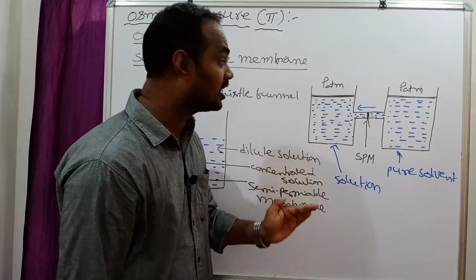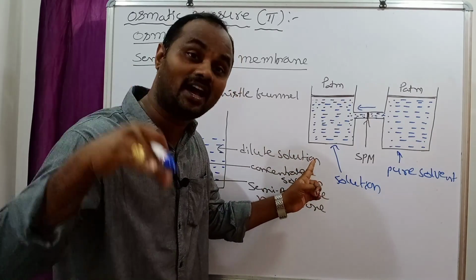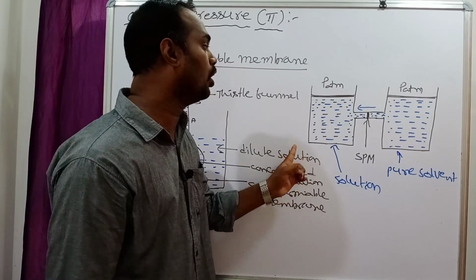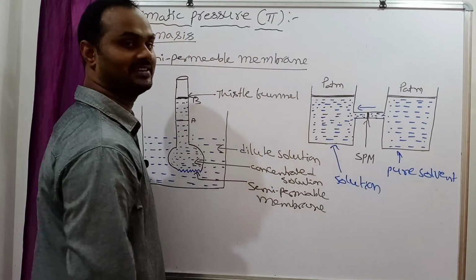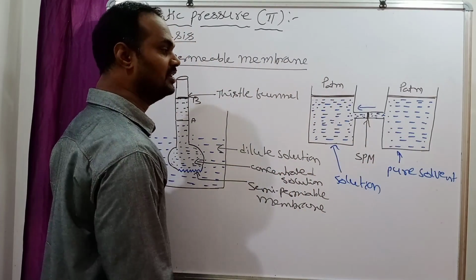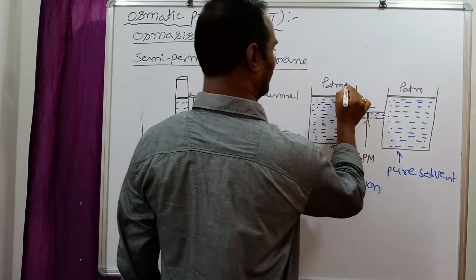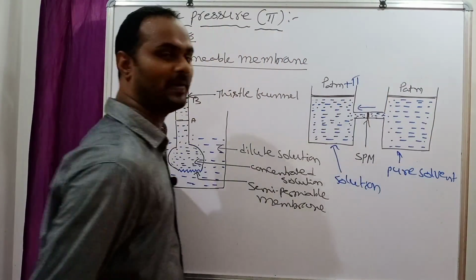That external pressure that must be applied to the solution in order to stop the flow of solvent molecules from dilute solution to concentrated solution, or from pure solvent to solution, is known as osmotic pressure, denoted by pi.